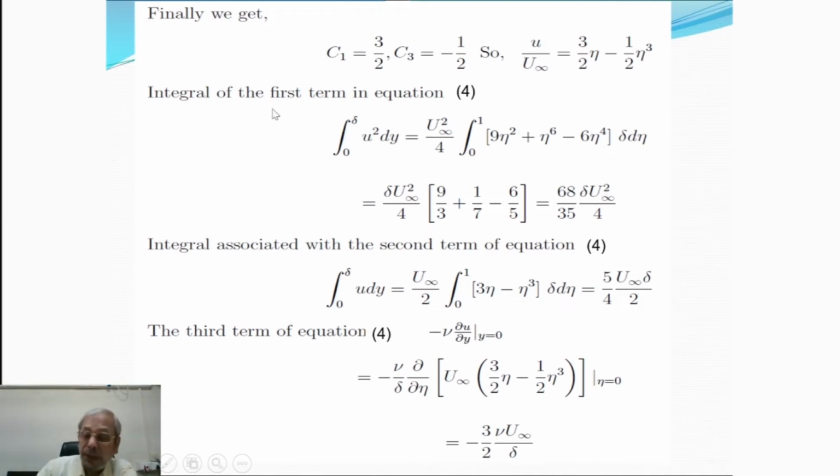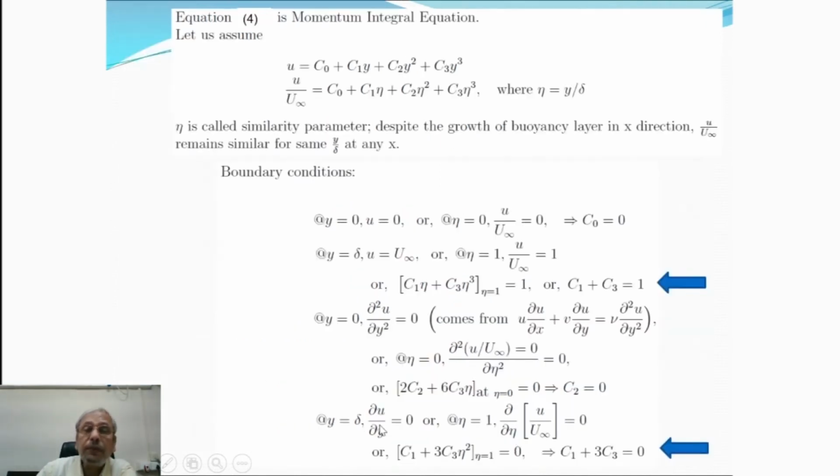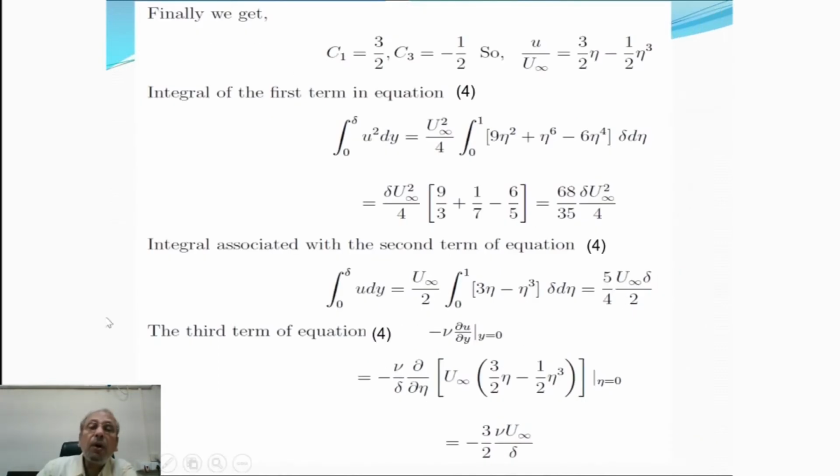Now, if we recall our momentum integral equation, equation 4, u is now very explicitly known, so we can evaluate the momentum integral equation term by term. We first evaluate the integral from 0 to delta of u square dy.